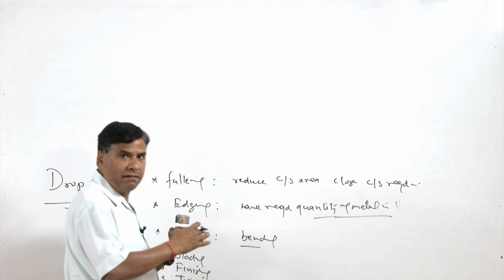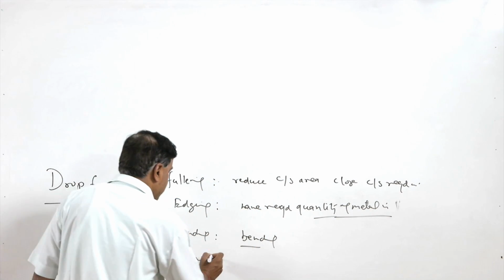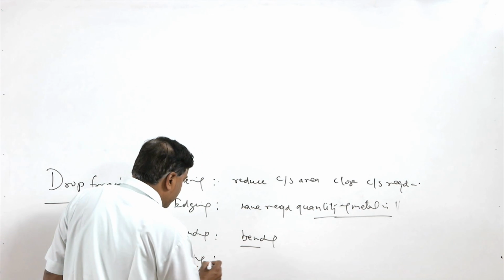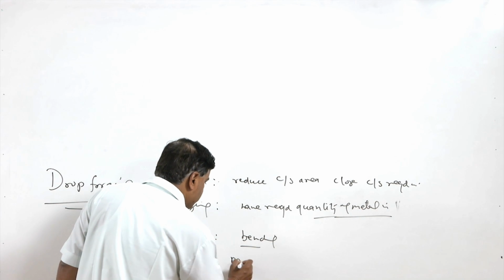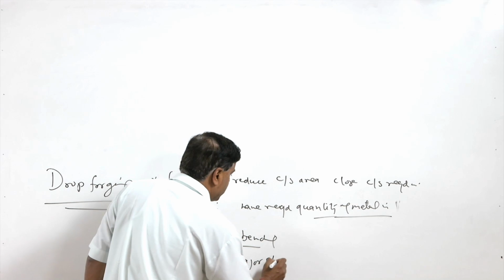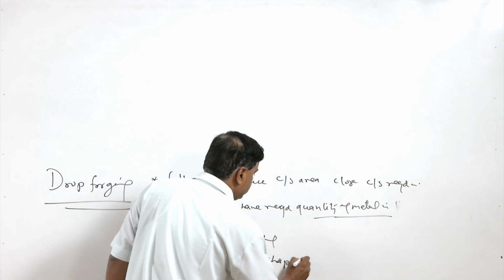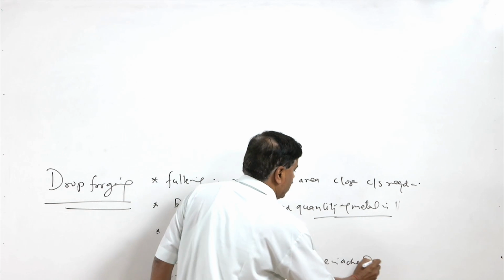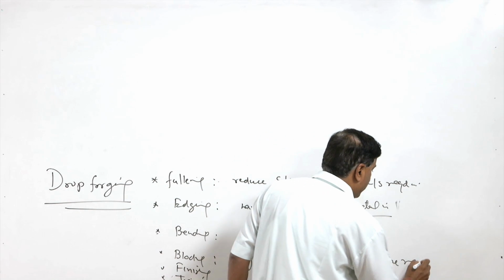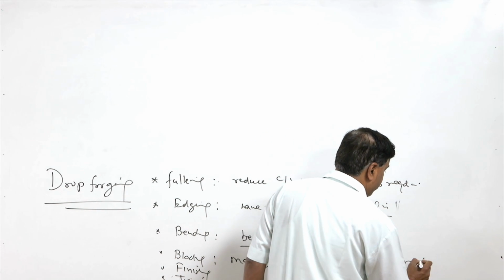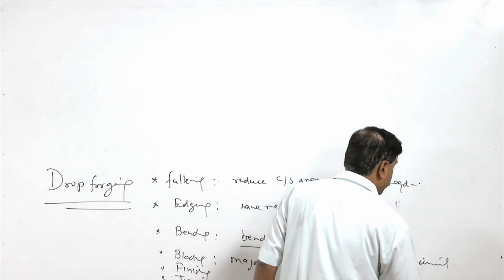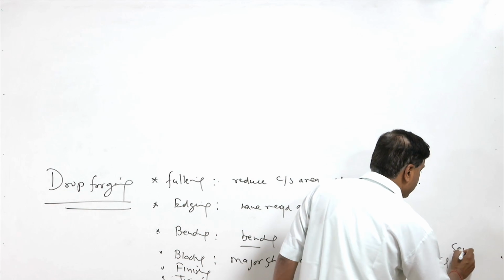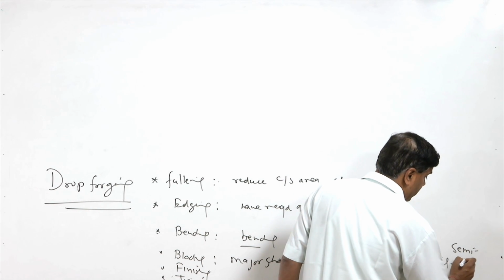With respect to the bending, we can reach close to the shape which is desired. And in the blocking, the first major shape change is achieved as per the requirement.